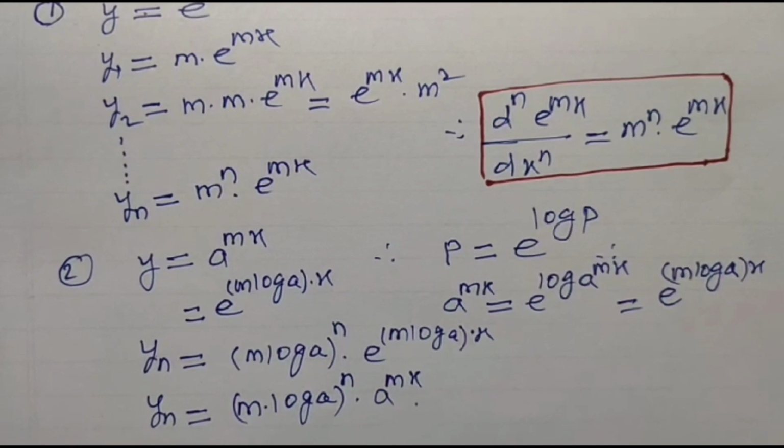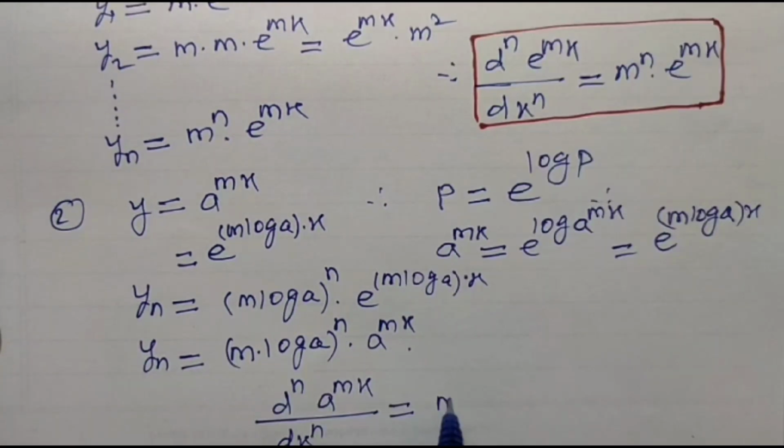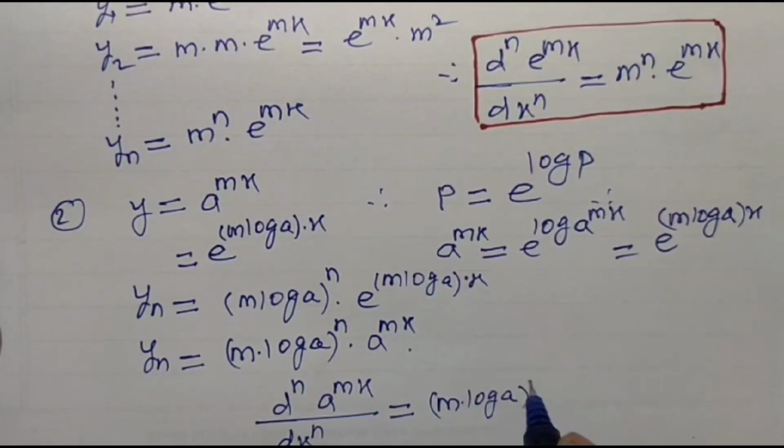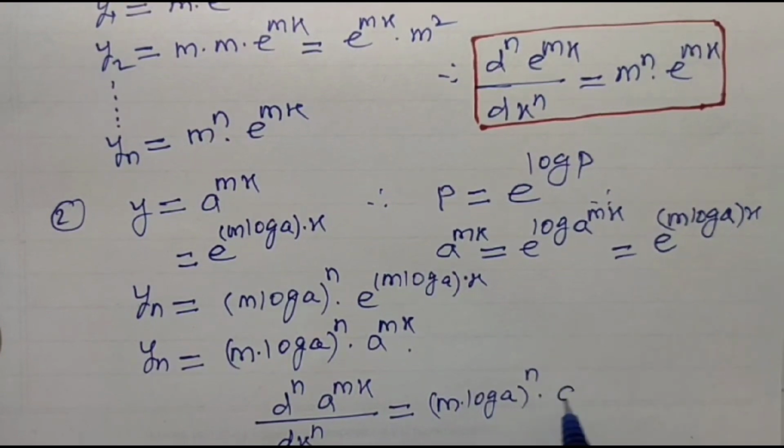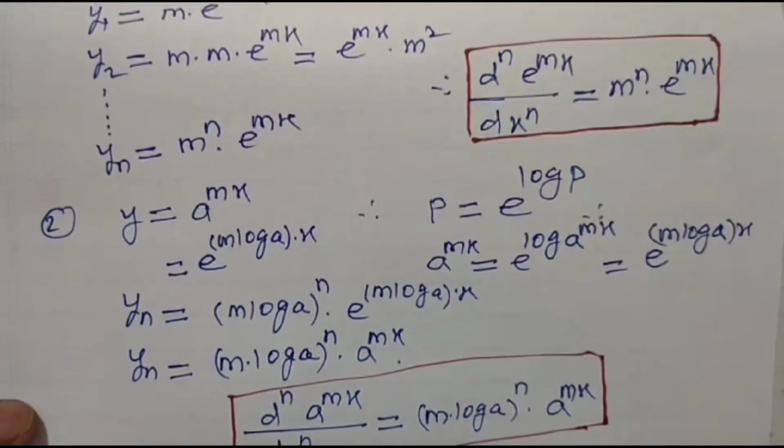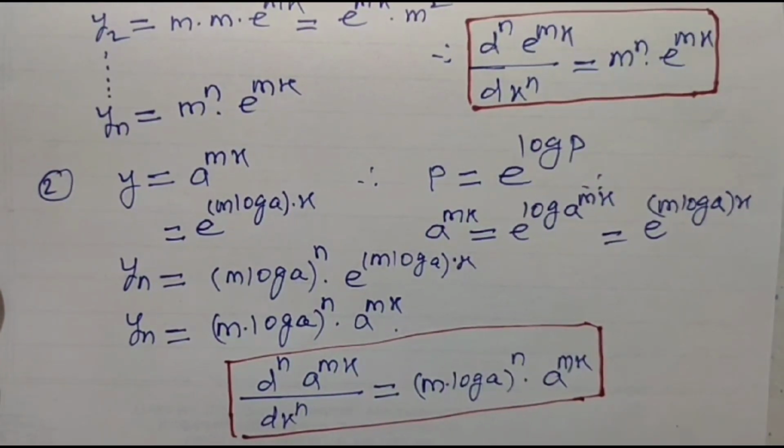Hence we can write formula number 2: the nth derivative of a to the power mx is equal to m log a to the power n into a to the power mx, the given function as it is. This is the proof of formula number 2.